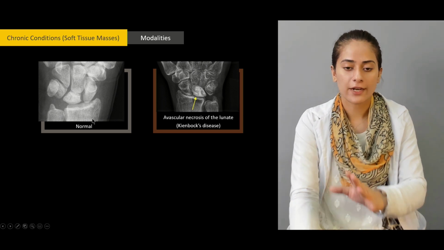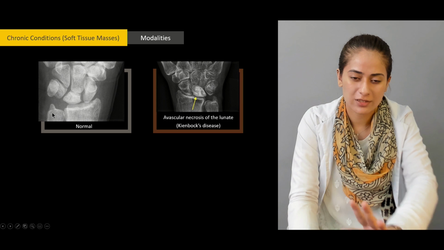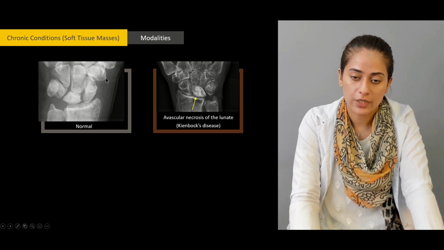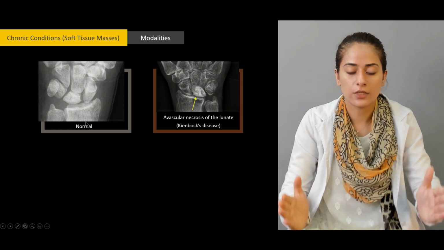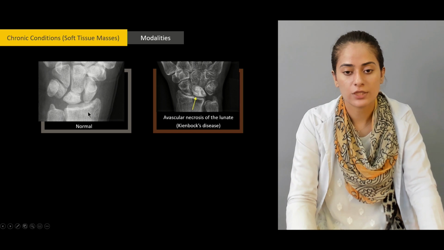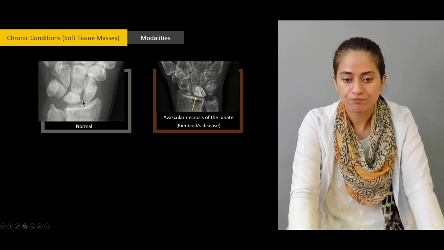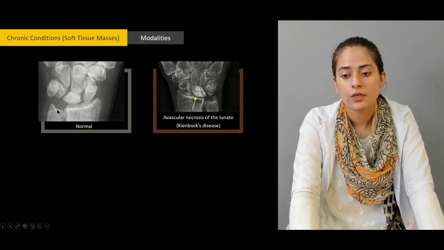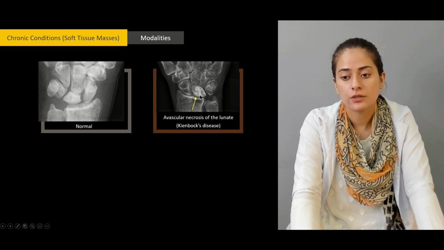So actually, it's better that I explain it here. Let's just suppose that there is an arch here of the radial and ulnar artery forming the superficial and deep palmar arches. The arches won't be close to this bone here, the lunate bone.